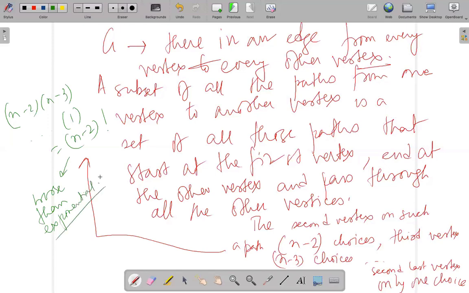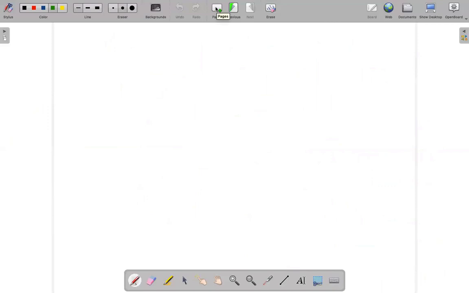So now the challenge is whether we can use dynamic programming in order to build an efficient algorithm. So how do we do that? We will solve the problem in two steps.